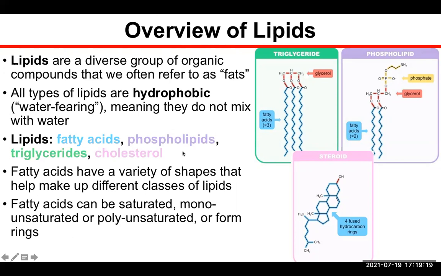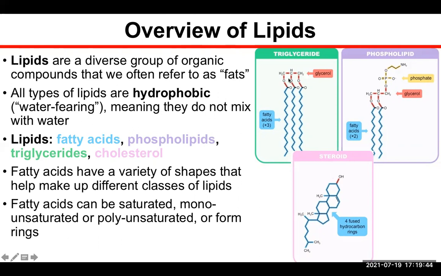The main lipids I'm going to be talking about in this lecture are fatty acids, phospholipids, triglycerides, and cholesterol. Note that these are all different, and I have the three main ones highlighted here. Every single one of these, triglycerides, phospholipids, and steroids, is going to have fatty acids attached to them.